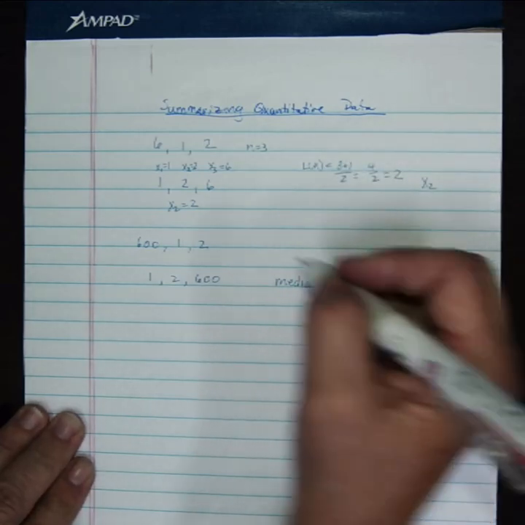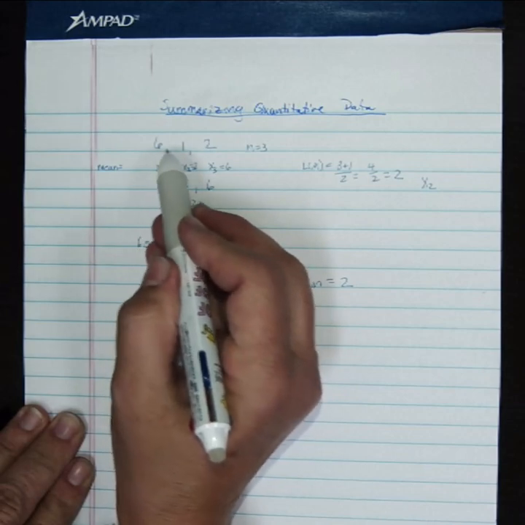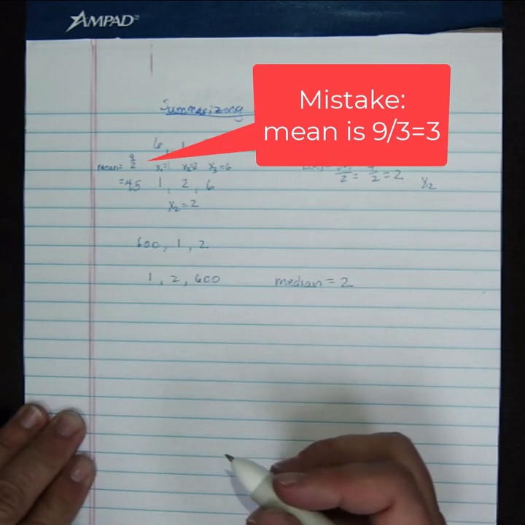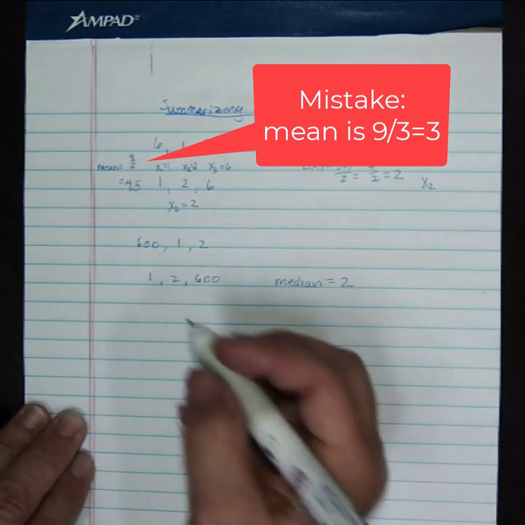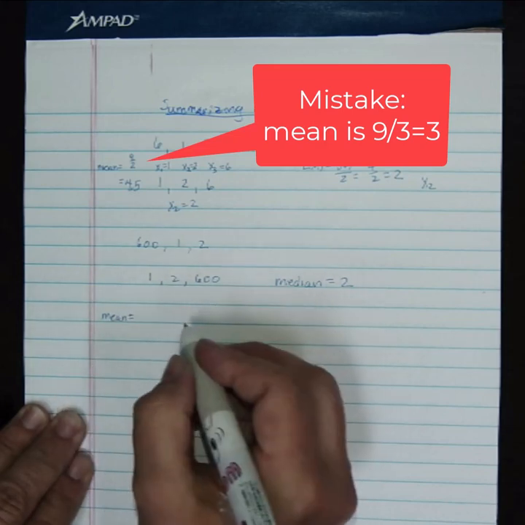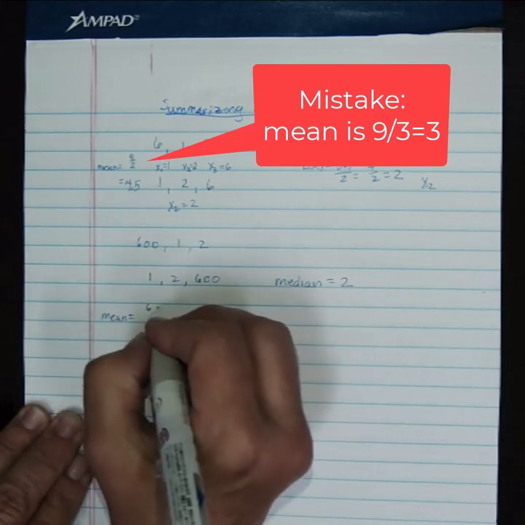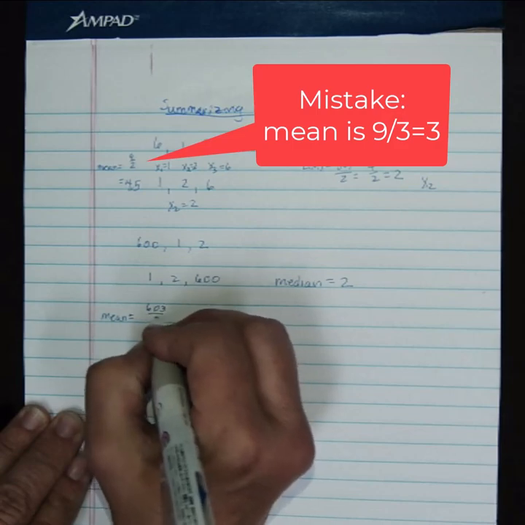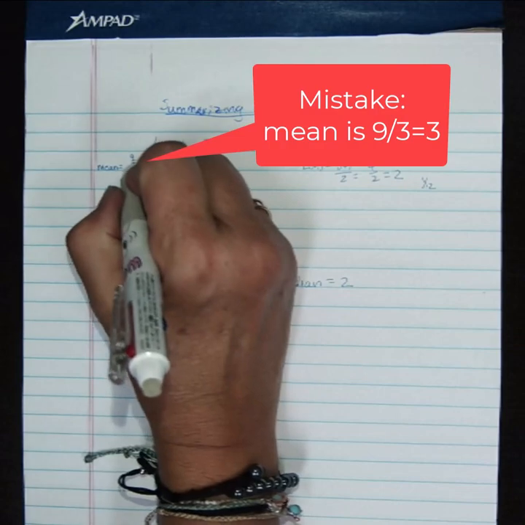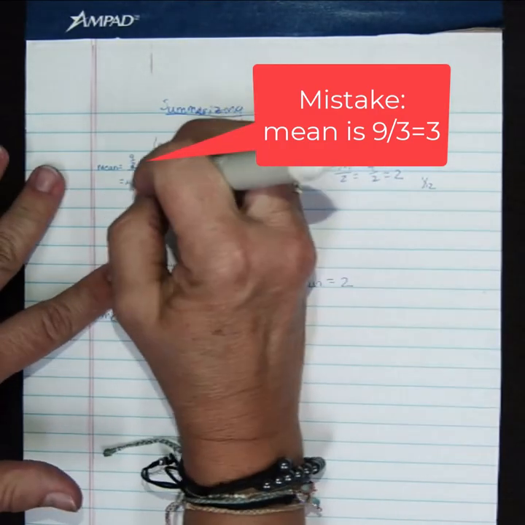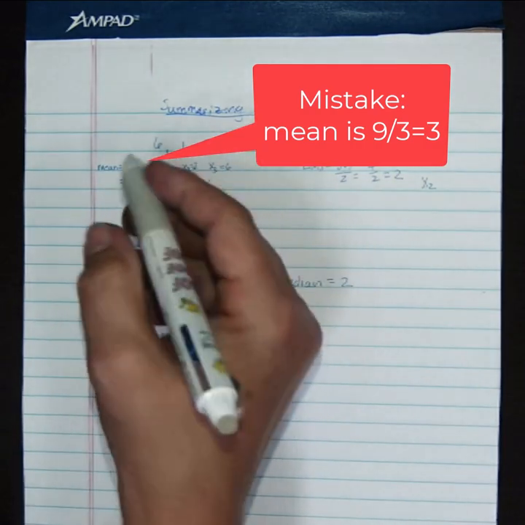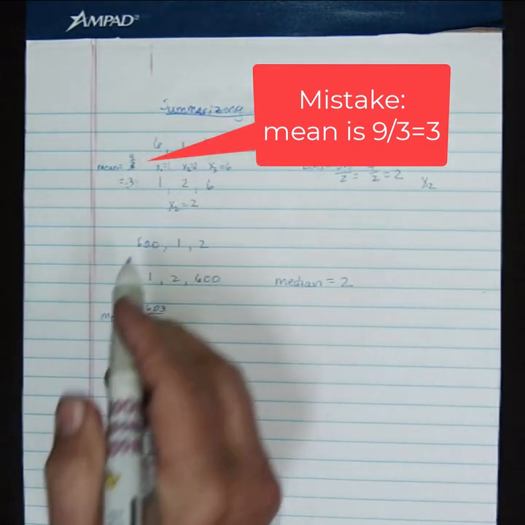If I calculated the mean here, I add up my data values, 6 plus 1 plus 2, and divide by 3, because my sample size is 3, so I divide by how many I have. So my answer here would be 3.